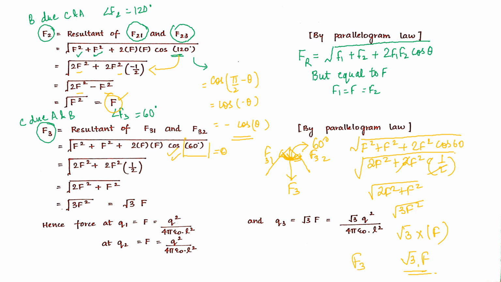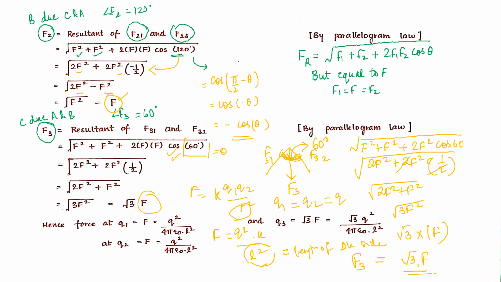As we have seen, the value of this F is k q1 q2 by r square. Here q1 equals q2, hence we write it as q. So F equals q square into k by L square. The value of r square is L square, that is the length of the triangle side.